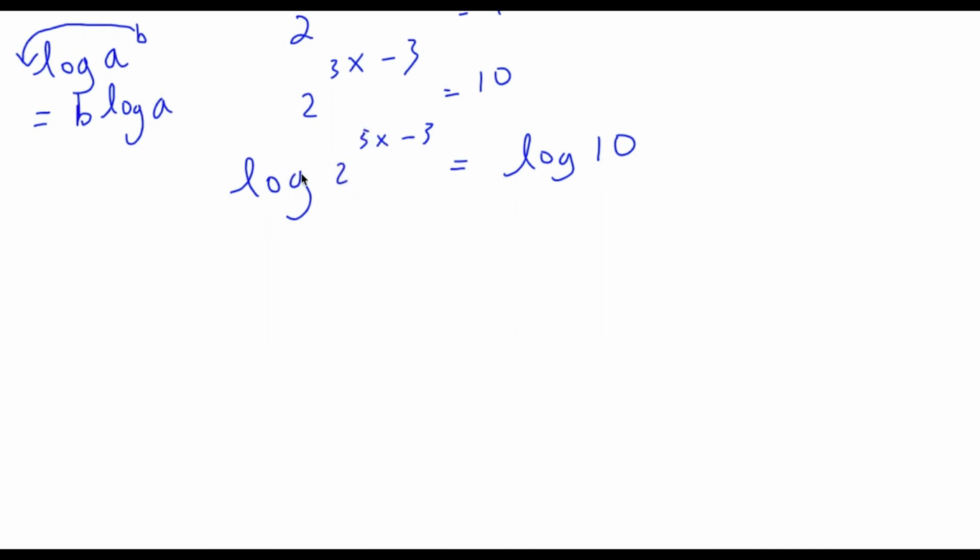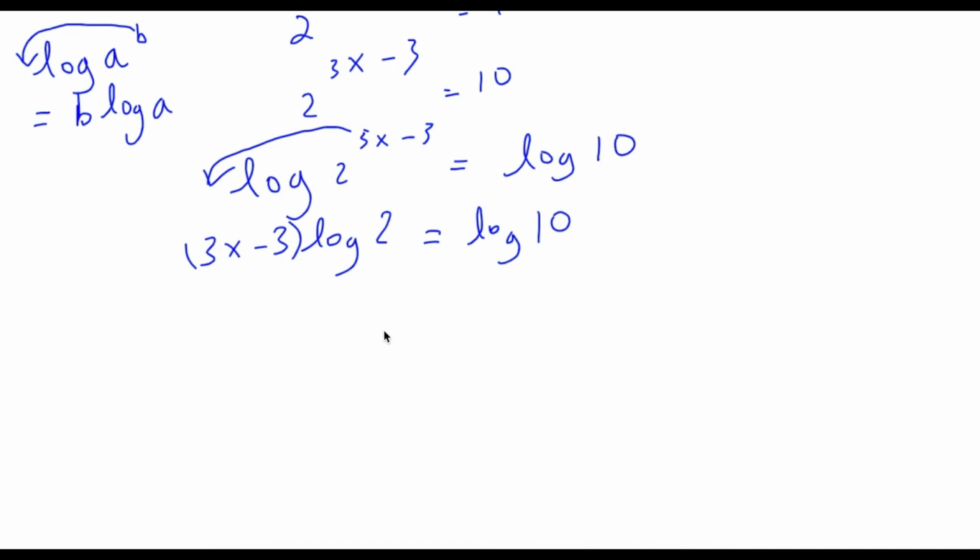So I'm going to use this property here and move our exponent, 3x minus 3, to the front. So now we will have 3x minus 3 times log 2 is equal to log 10.